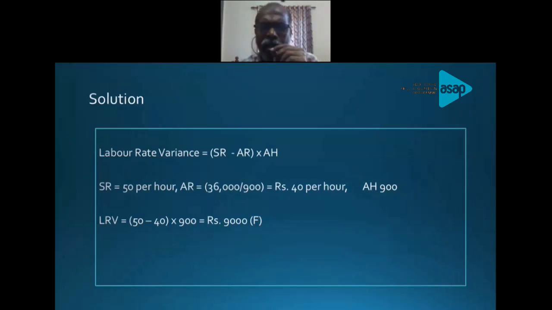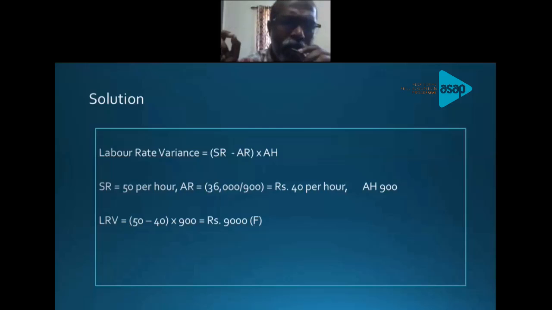So labor rate variance is 50 minus 40. 50 is the standard labor cost per hour, and 40 is the actual labor cost per hour. So the difference is 10. Actual hours worked is 900. So 900 into 10 is 9,000.